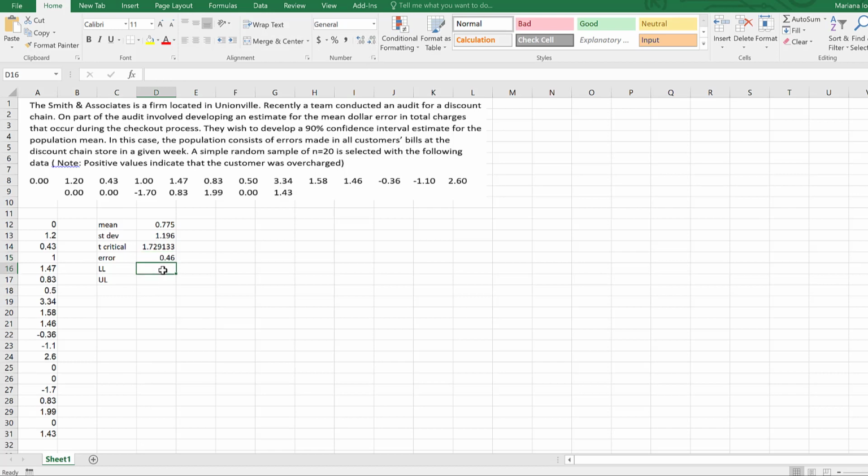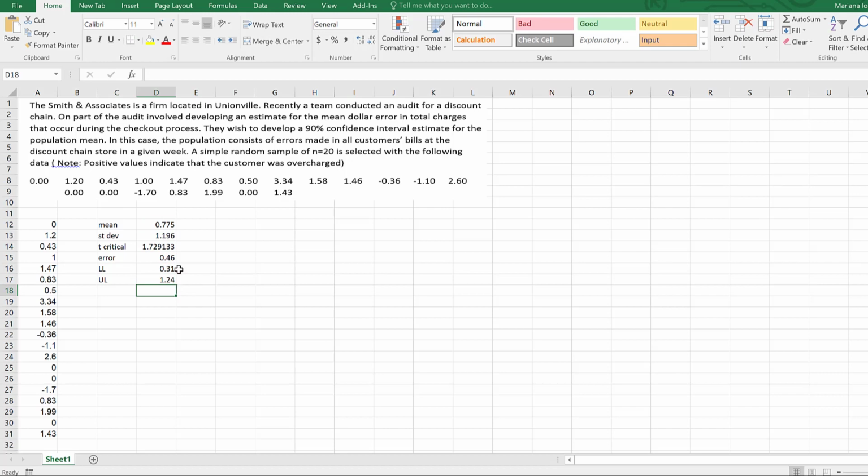Now, when we calculate the lower limit, it will be the mean of our sample minus the margin of error. So I'm going in the formula bar, the mean minus the margin of error. The upper limit will be the mean of our sample plus the margin of error.